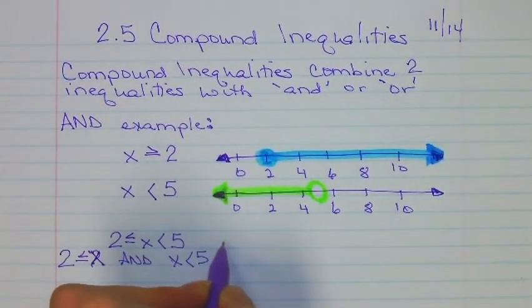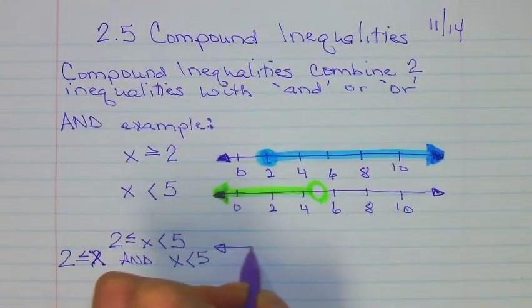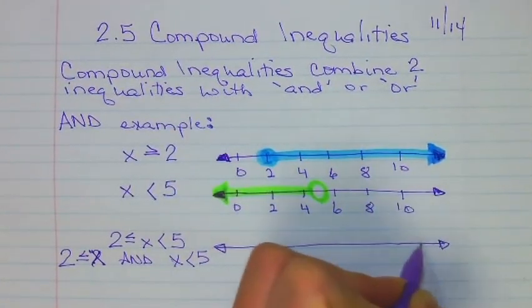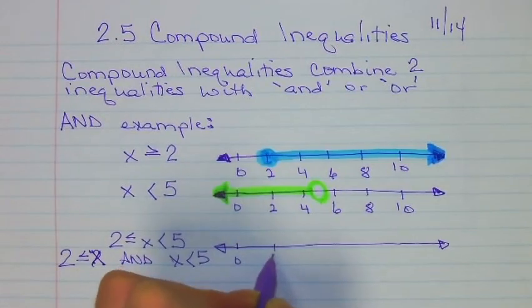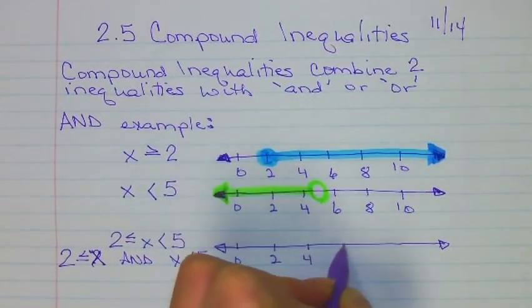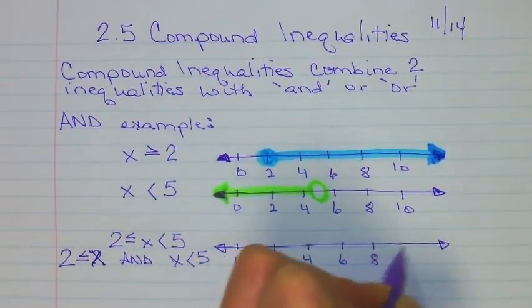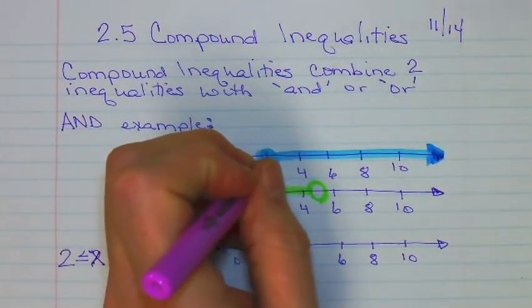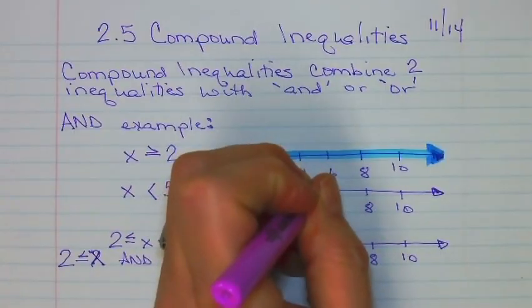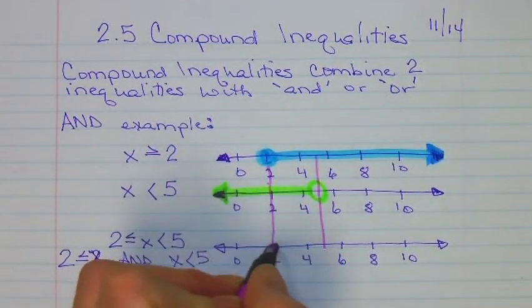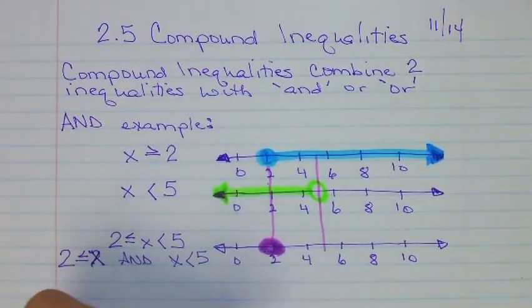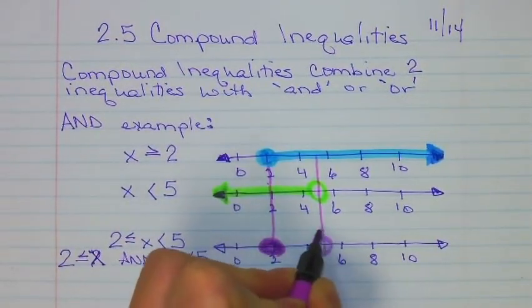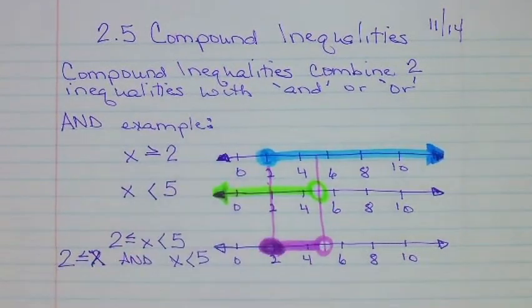Okay, so we're going to create another line, use the same spots. But this time, we're going to combine only the sections that are the same. So this is a solid circle, this is an open circle, and everything in between.